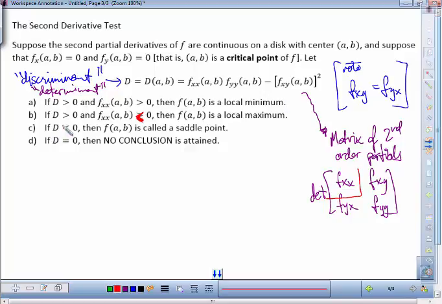If the discriminant is bigger than 0 and the fxx is less than 0, then in effect you have a negative second derivative contribution, and we can think about this as being concave down. And concave down, the critical point must be at a maximum.